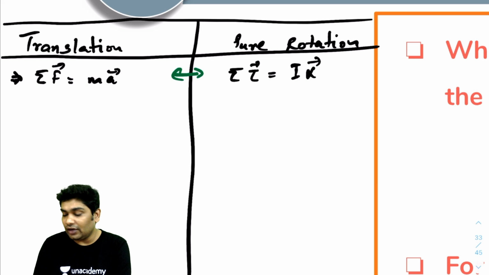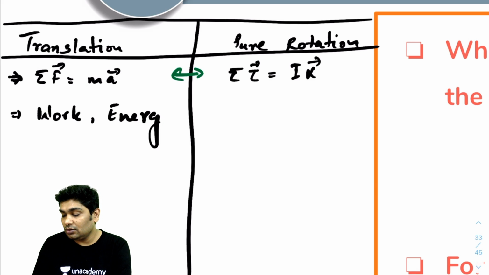Second tool you would have had work energy methods. We will talk about work energy methods also in the analysis of work energy theorem. So that was one thing, work energy theorem and energy conservation.